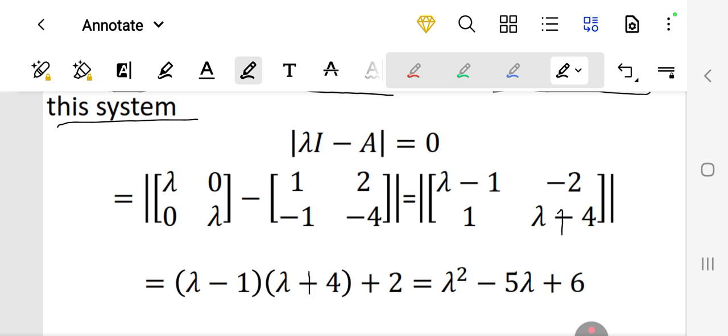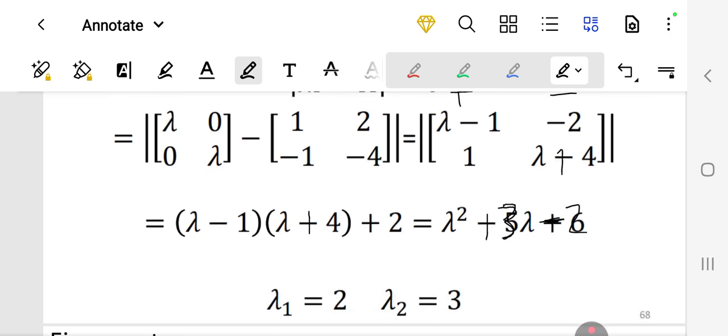For the first value, and for the second value, negative times negative 2 will be positive 2, times 1 equals positive 2. Then we have lambda squared minus lambda plus 4 lambda, which is plus 3 lambda, and negative 4 plus 2 equals negative 2.